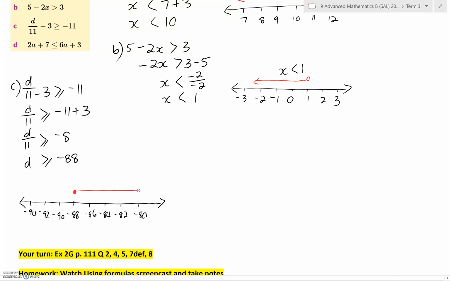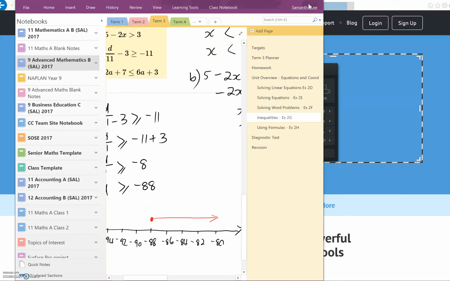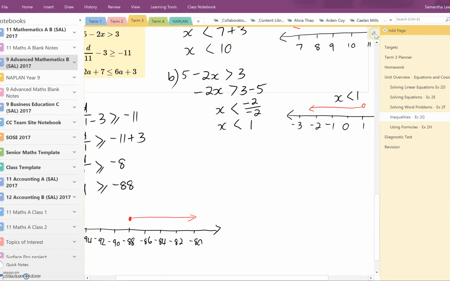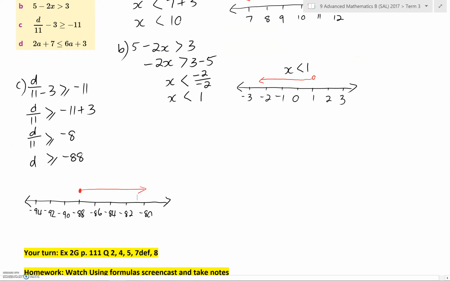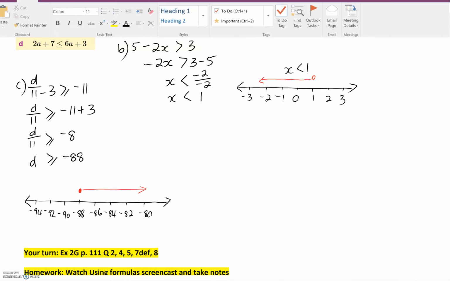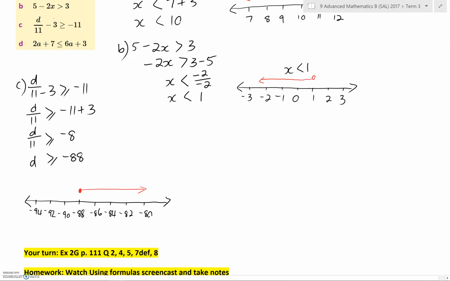So we are, in this case, going to the right-hand side, because right is always the positive. Let me see if I can change my pen back again. And we want d is greater than or equal to minus 88.